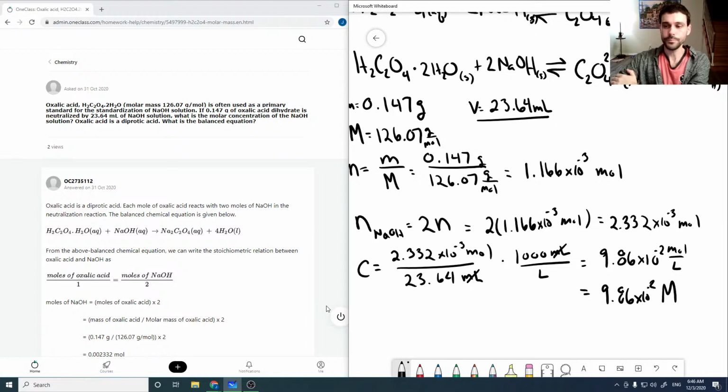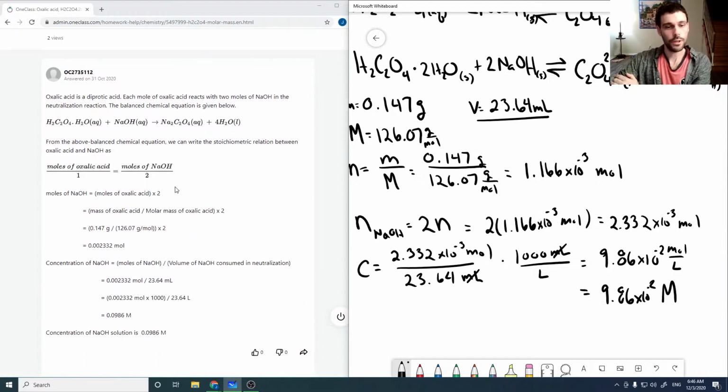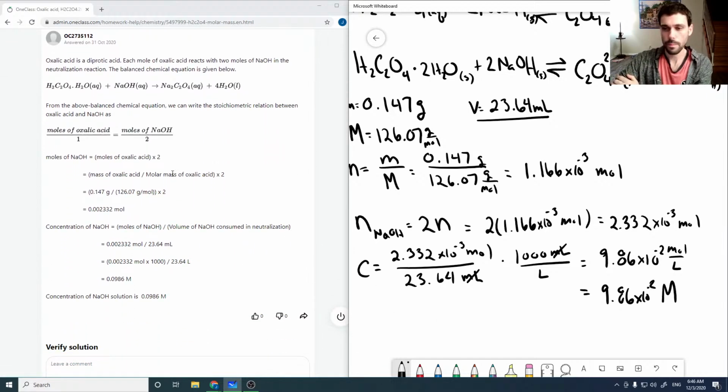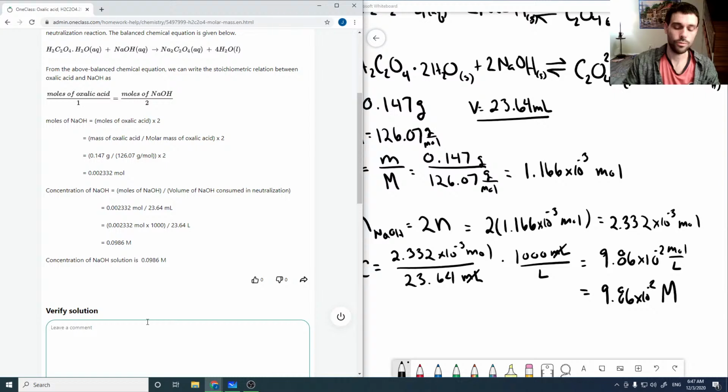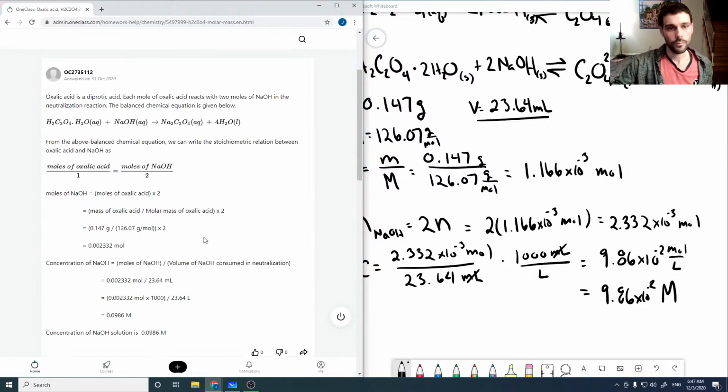Okay. So if we check through our solution here, we get the number of moles, it's double that, so 2.332. Divide by the volume with the proper unit conversion, and we get 0.0986 molar, or 9.86 times 10 to the minus 2. So that looks good. And if we check our balanced chemical equation, it's the same.